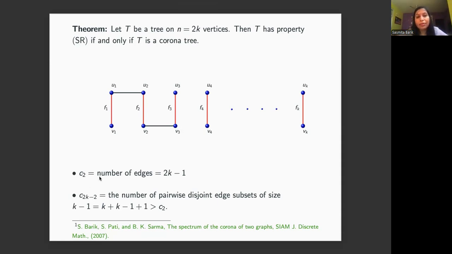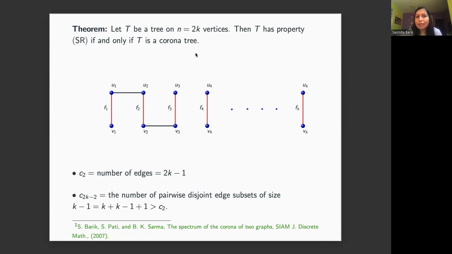So we'll just compute these two numbers. And if it's not a corona tree, we'll prove that these two numbers will not match. So if T is satisfying property SR, we'll show that T must be a corona. If I take it's not a corona, I'll show that these two coefficients will not match.